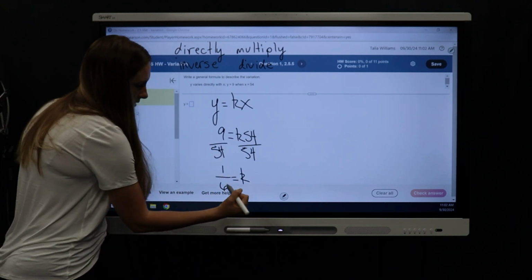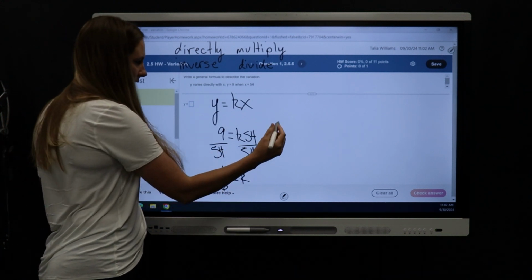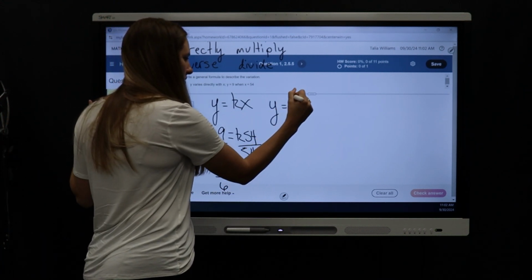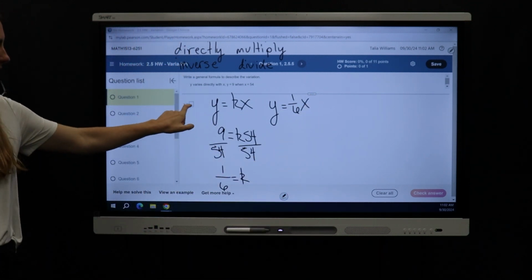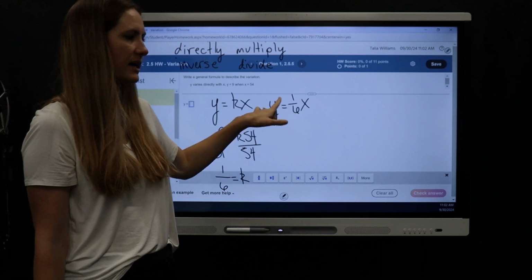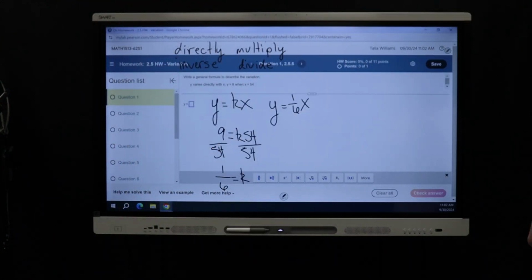So 1/6 equals k. So once you find k, you plug it back in. So y equals 1/6 x. But don't put your x on the bottom, because that would be wrong.